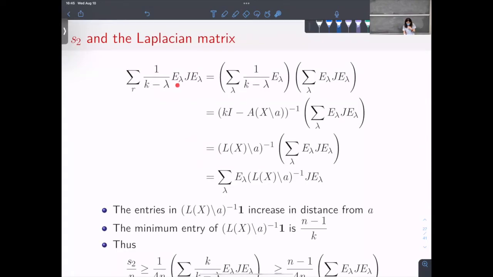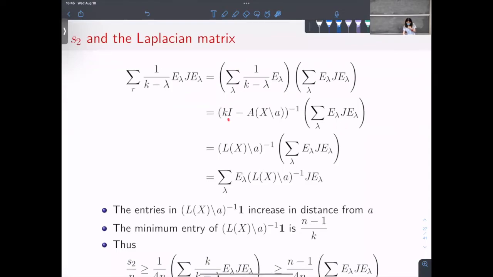Because E lambdas are orthogonal to each other for different lambdas, you can write this as a product of two sums, where the first sum is really just Ki minus the adjacency matrix of I. Right? If you expand the spectral decomposition of this, you get that thing. And the second term, I will just leave it as is.